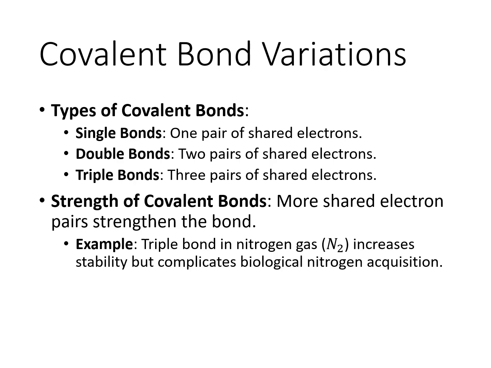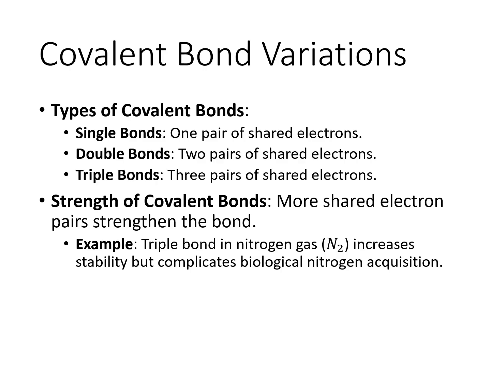Now we will talk about variations in covalent bonds. Depending on how many pairs of electrons are shared, covalent bonds can be single, double, or triple. A single bond shares 1 pair of electrons, a double bond shares 2 pairs, and a triple bond shares 3.